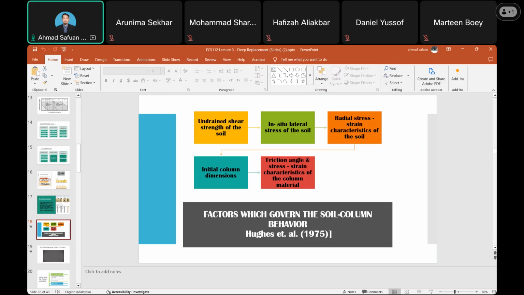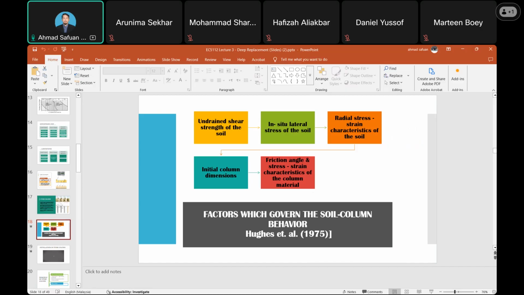So usually we treat the soft soil within 10 to 40% of the existing area. So that is the suggested improvement area ratio. So from there we know the number of columns that we need based on the diameter.